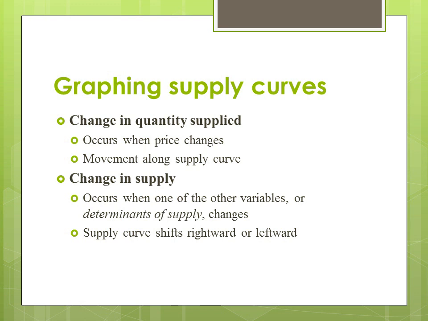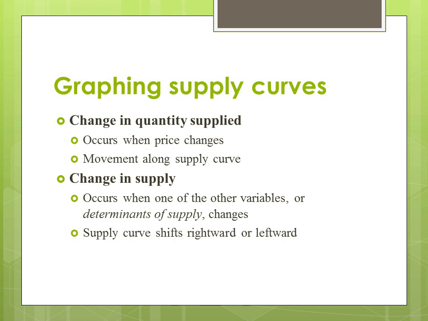Change in supply. Change in supply occurs when one of the other variables or determinants of supply changes. For example, prices. When prices change, it shifts the supply curve downward or leftward. And the effect of a subsidy is to shift the supply curve downward or rightward.